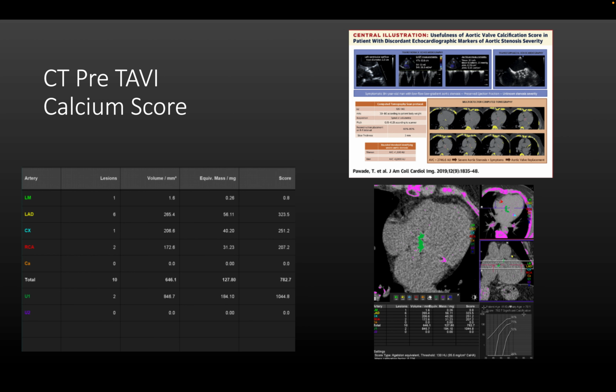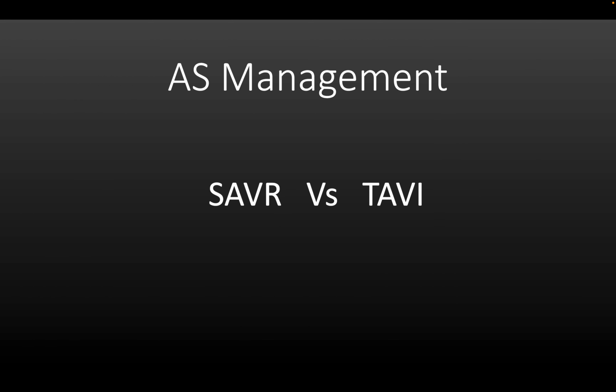Sometimes the echo window is poor and difficult, or there are low gradients although it seems to be a severe aortic stenosis. So the CT calcium score comes in the guidelines and helps to confirm that there is a severe underlying aortic valve stenosis, which requires an intervention.